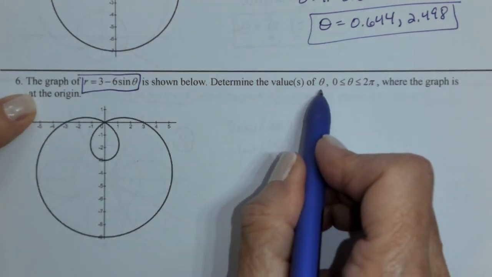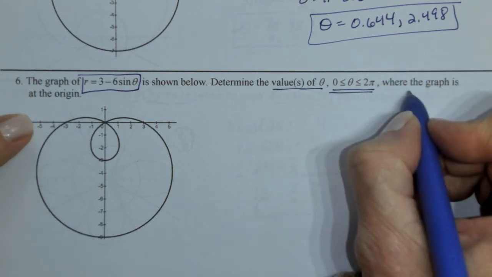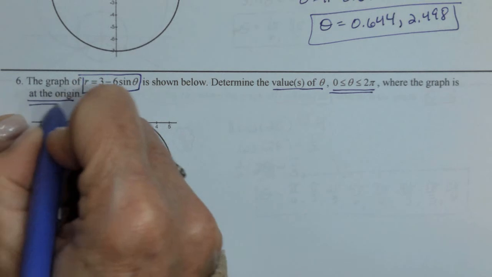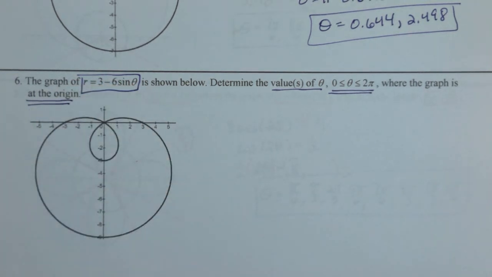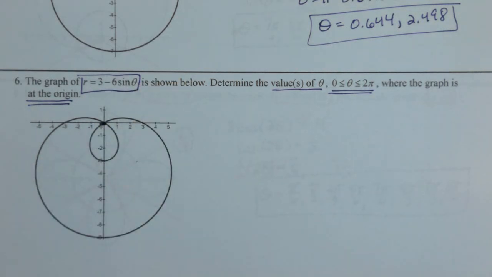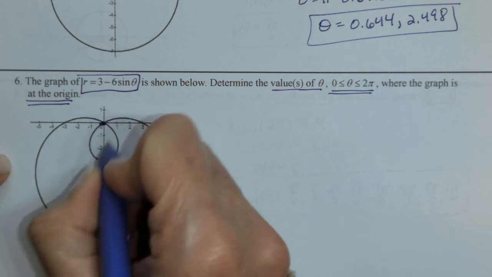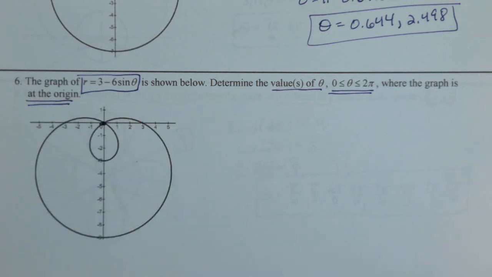Determine the values of theta between 0 and 2 pi where the graph is at the origin. Well, I can see where the graph is at the origin, and I know I'm going to have two answers because it's at the origin twice. No matter how you come at it, we're going to go through the origin twice. So I know I'm going to have two answers.